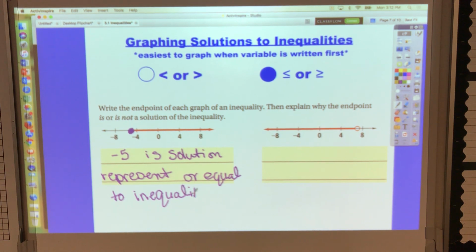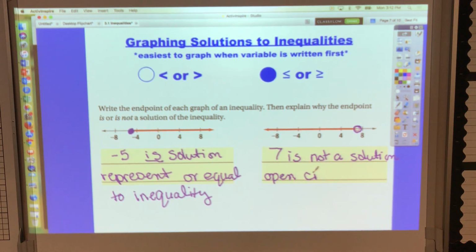Okay, so since that is a solid circle, that means it is a solution. Whereas in this next one, at the number 7 right here, it is not a solution, because we have an open circle, which means it can only be greater than or less than that number.